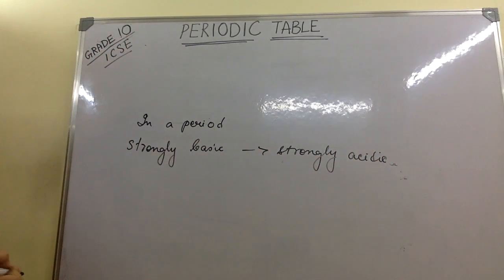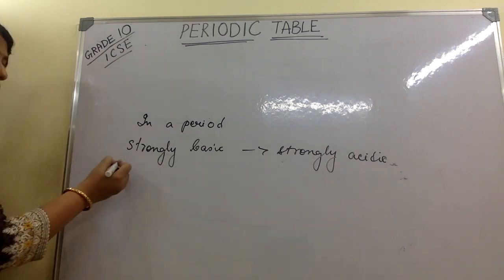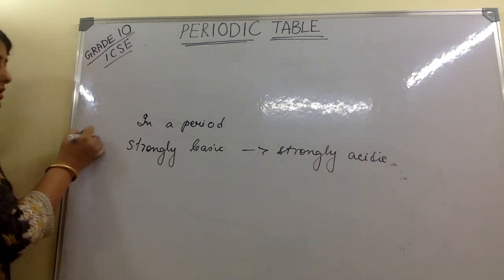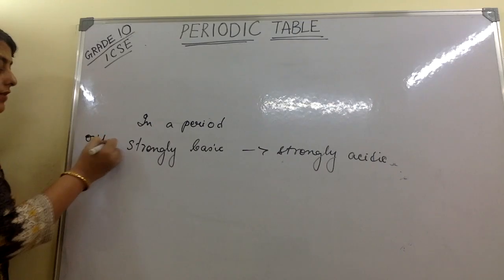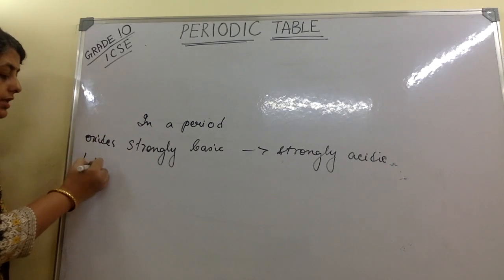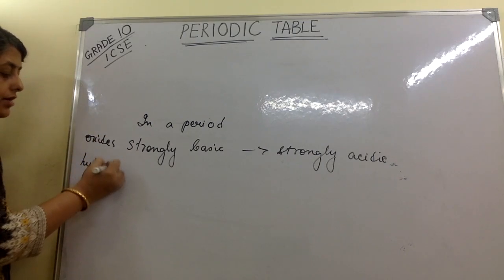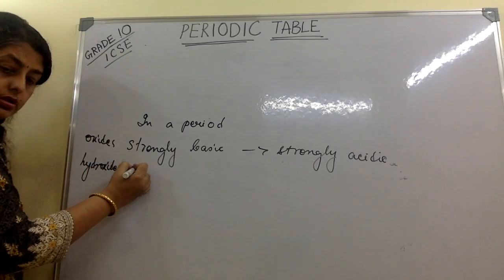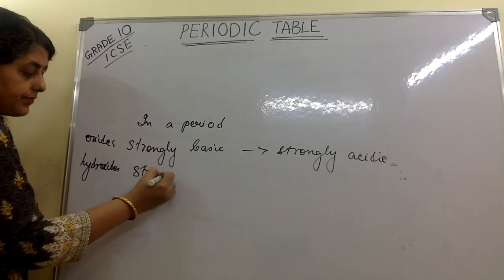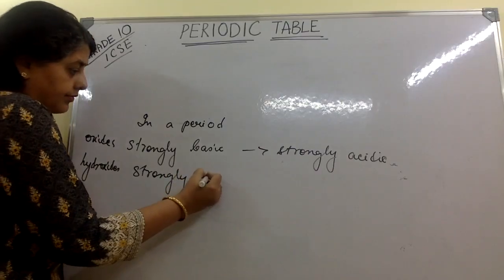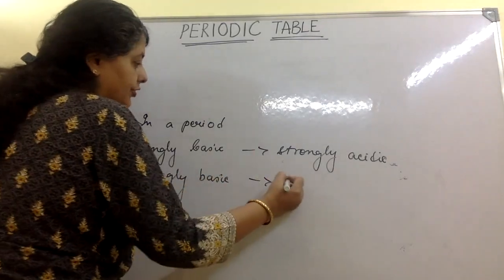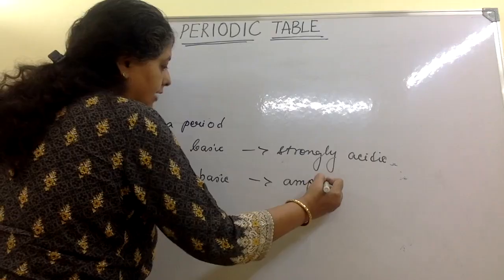The next one that we have is hydroxides. So this is oxides, then I have hydroxides. Hydroxides go from strongly basic to amphoteric.